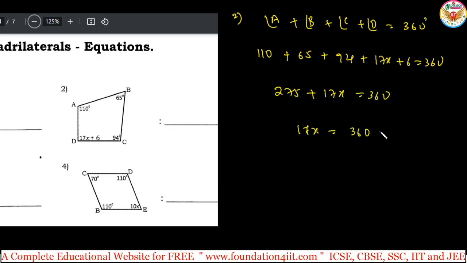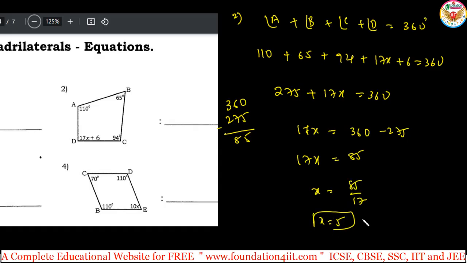So 17x is 360 minus 275. You can subtract: 10 minus 5 is 5, then 15 minus 7 is 8. So 85. 17x is equal to 85. Then x is equal to 85 divided by 17, so x is equal to 5.